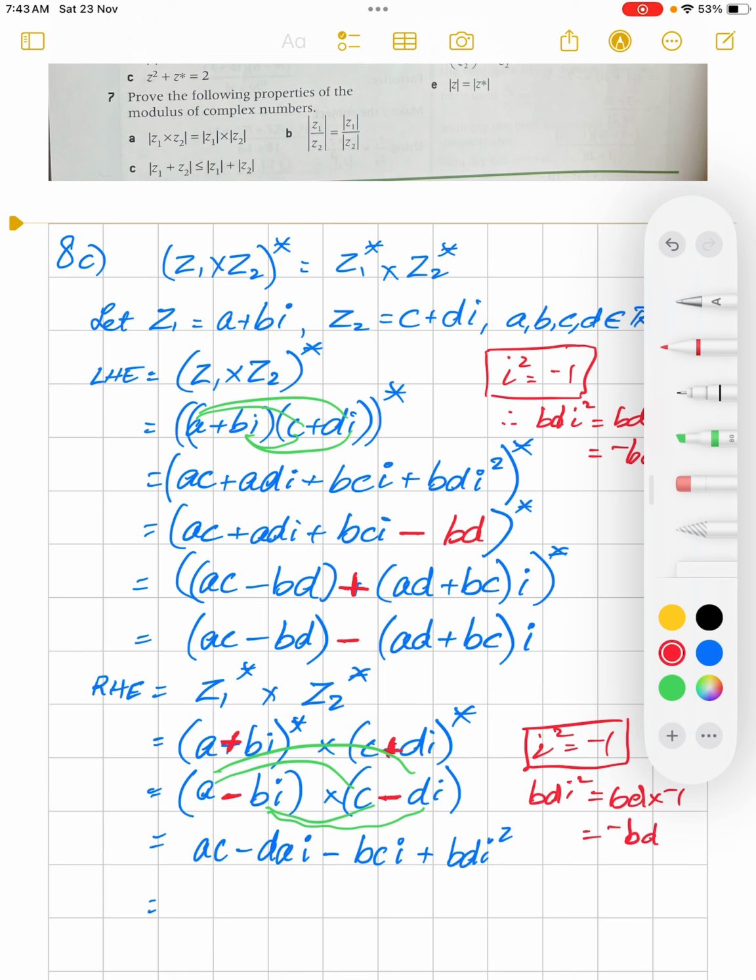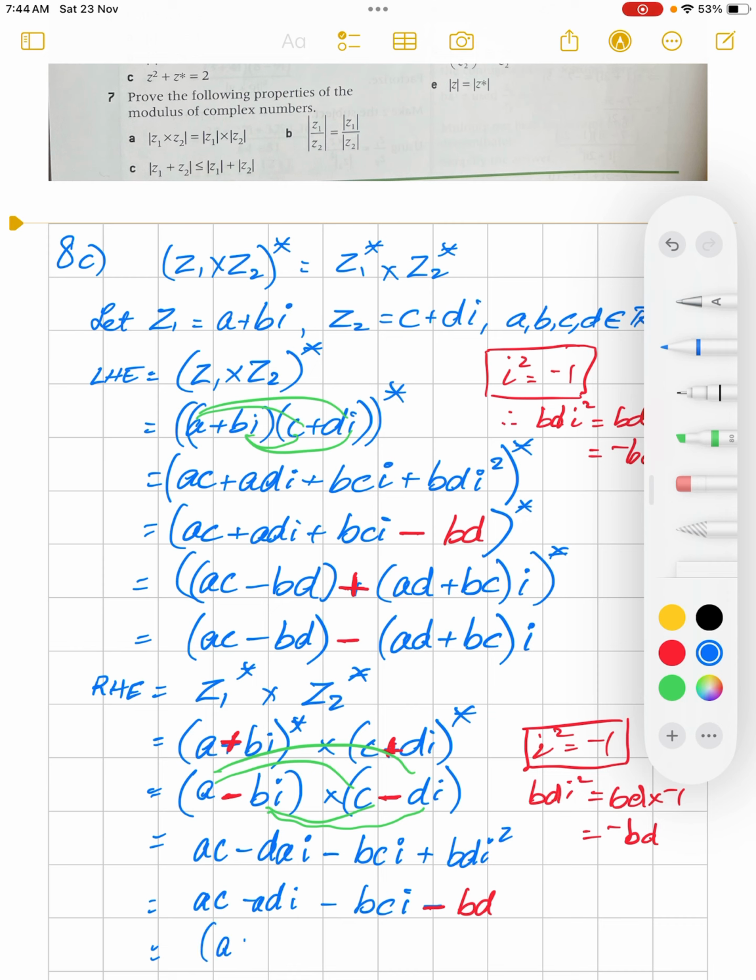So let's rewrite this. AC minus, I'll put the A in front, AD I, BCI, replace that with a minus BD. Well, let's put the real parts together.